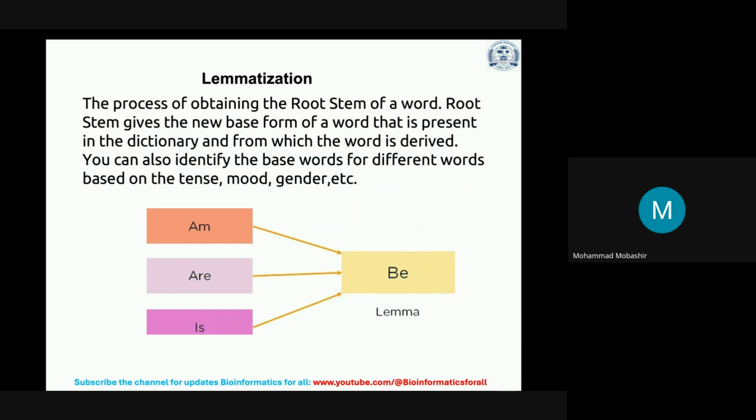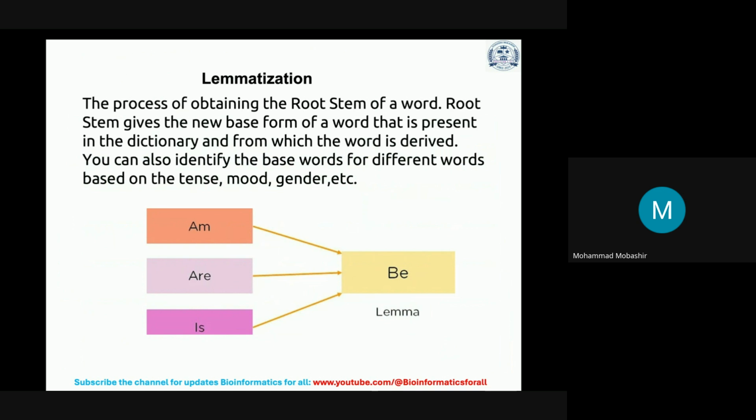So here, the process of obtaining the root stem of a word. Root stem gives the new base form of a word that is present in the dictionary and from which the word is derived.